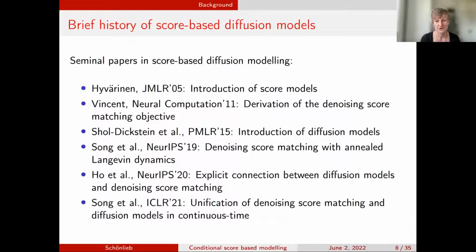But this idea of unifying score matching and diffusion models, so this reverse SDE in continuous time, goes back to this paper by Song.